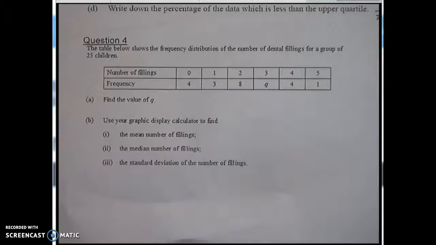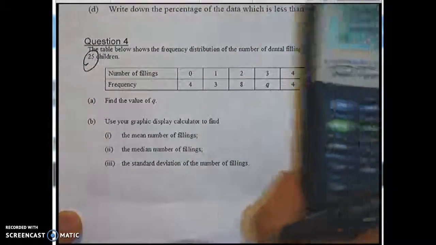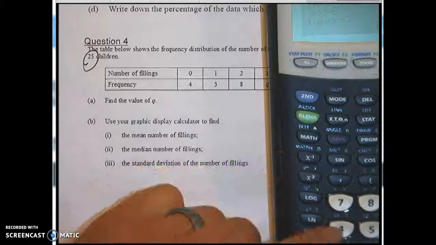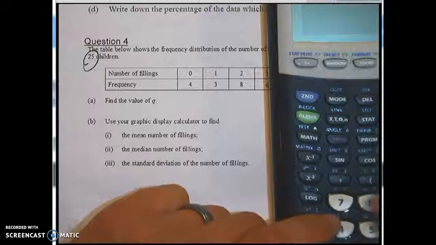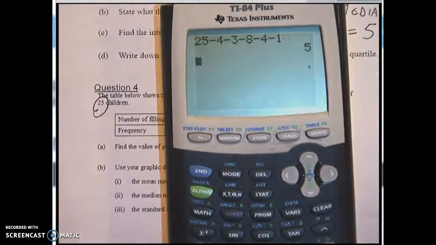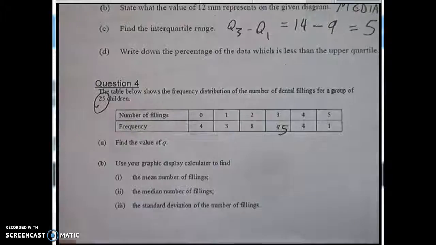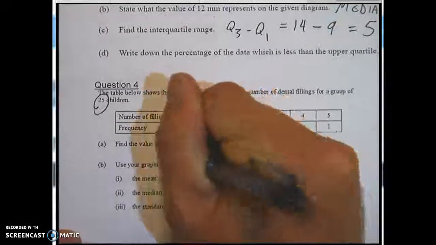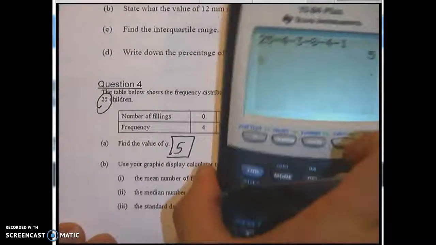We're supposed to find Q. Well, remember that there's 25 children, so I just need to subtract all these numbers away from 25. 25 minus 4 minus 3 minus 8 minus 4 minus 1. That's going to be 5. So the value of Q must be 5.